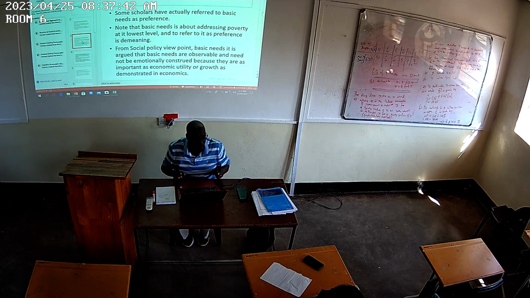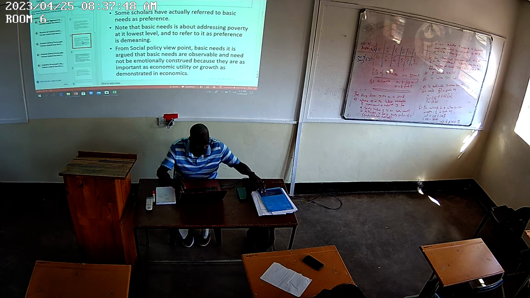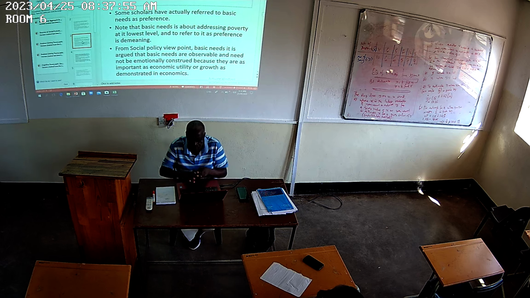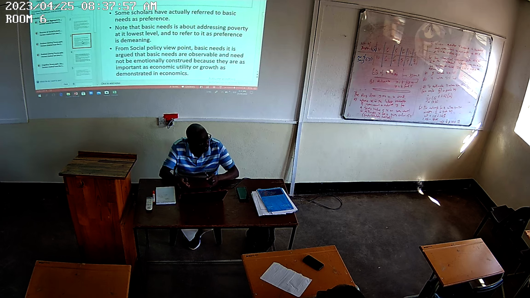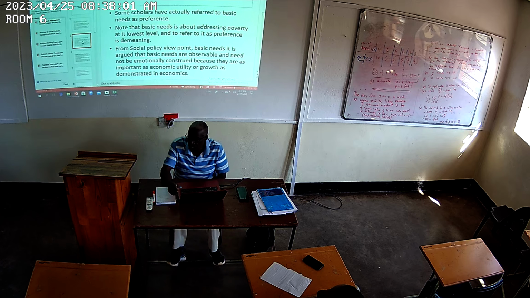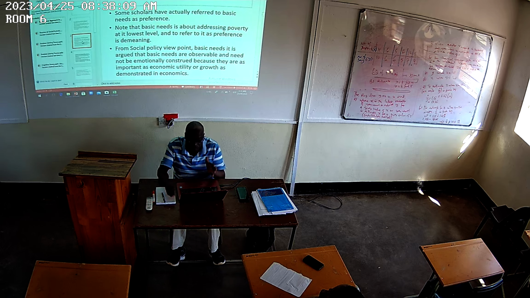So you can observe individuals moving from one situation to a better situation: a sick person to a fit person, never been to school into school, no shelter to with shelter. So these things are not supposed to be emotional. You cannot say no when you have no shelter and somebody gives you a house. So in social policy terms, basic need is important and nobody should feel demeaned about it.